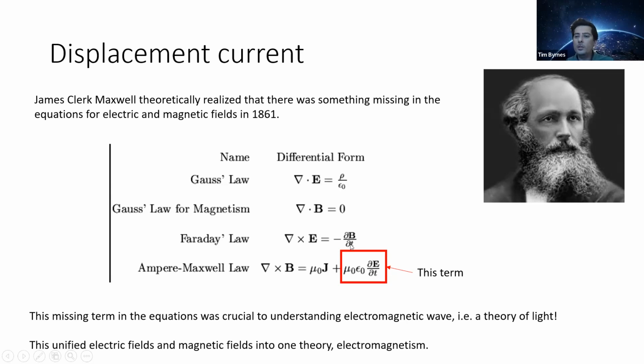So it's exactly the opposite effect. Instead of a changing magnetic field producing an electric field, a changing electric field produces a magnetic field. And it turns out that this term, which he discovered, is the crucial ingredient to understand how electromagnetic waves work, and light is an example of an electromagnetic wave.